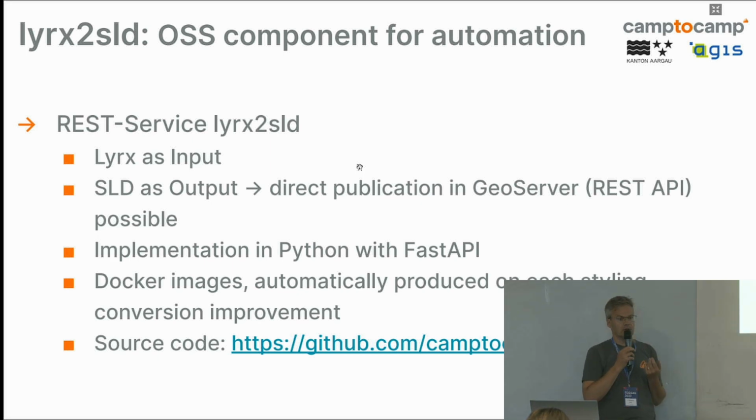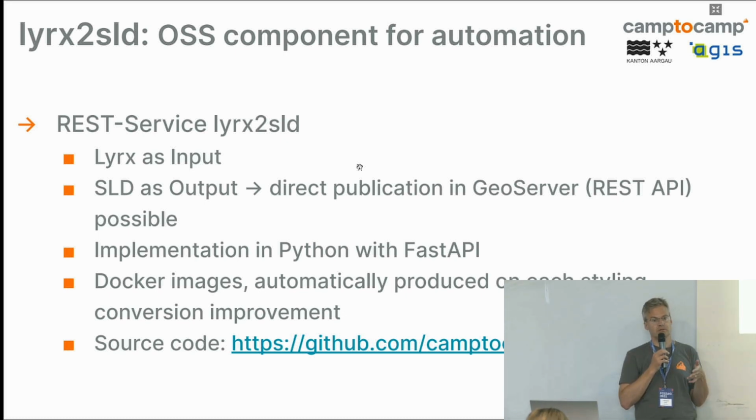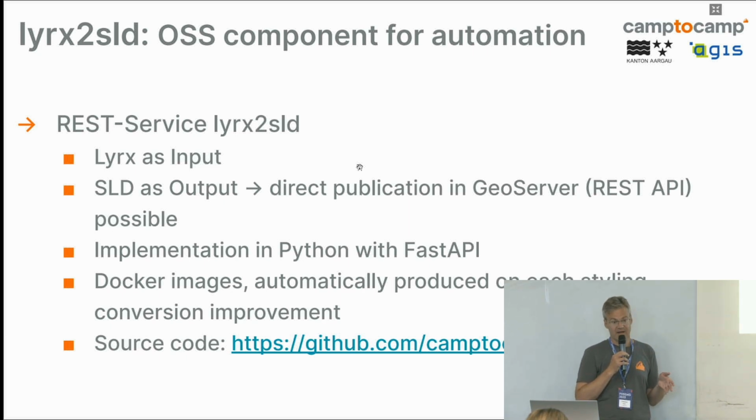You could use that as a command line tool if you just want to convert your ArcGIS files to SLD once. That's fine, but in this case we want an automated pipeline. So we also developed a REST service, which is called lyrx to SLD. That's also open source, you can use that.